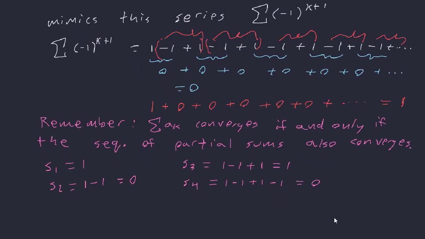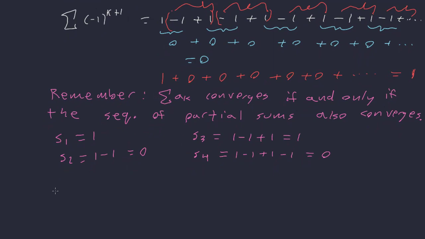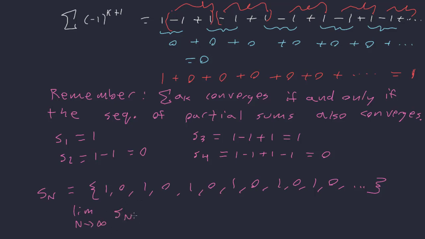So what happens is the sequence of partial sums goes 1, 0, 1, 0, 1, 0, 1, 0, 1, 0, 1, 0 over and over and over again, which means we have a pattern, but there's no one number that this thing ever gets to. So this limit does not exist.